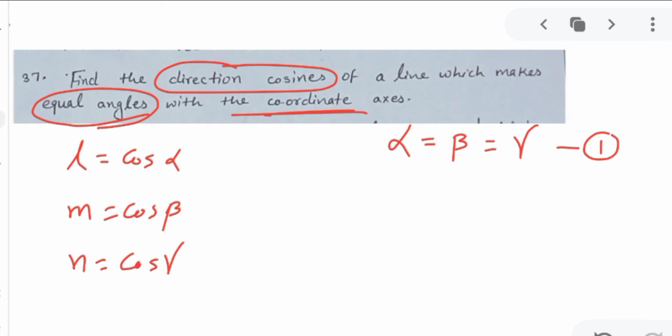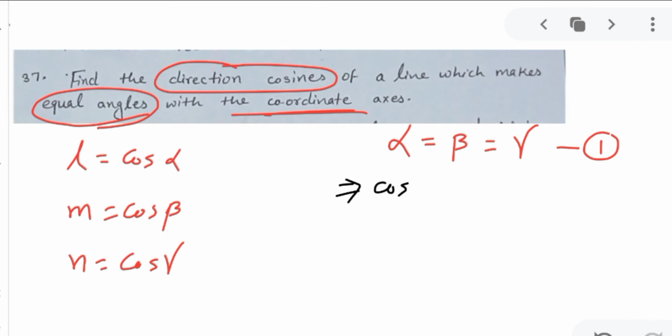One relation I know between direction cosines is L square plus M square plus N square is 1. You will write: since L square plus M square plus N square is 1, and since alpha, beta, gamma are the same, cos alpha, cos beta, cos gamma are also the same.